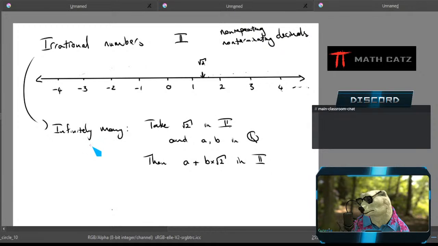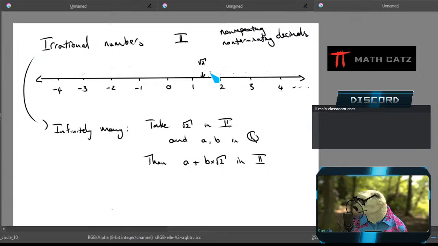Now, that's not really the reason for infinitely many times more. That argument is a little bit fancier, but it's so hard to believe. There are different levels of infinity. How many integers are there? Infinitely many. How many fractions are there? Infinitely many.